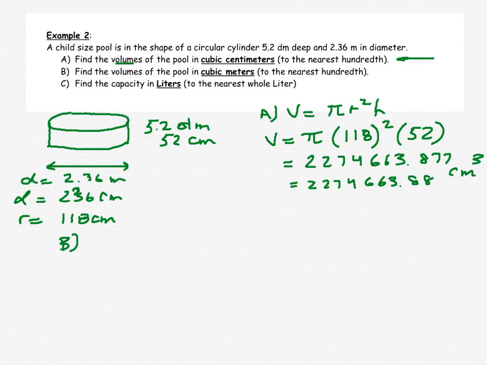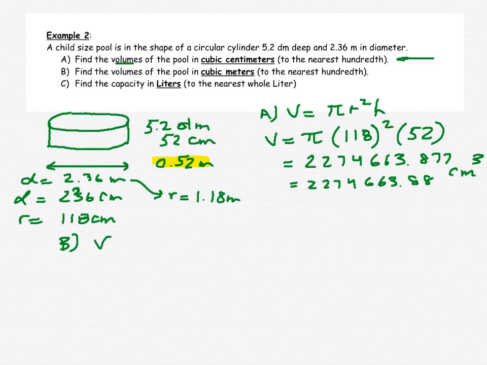5.2 decimeters for the height is equivalent to 0.52 meters for the height. If I take the dimension for the height and the radius, which I must change from the diameter to the radius in meters, it will be 1.18 meters.